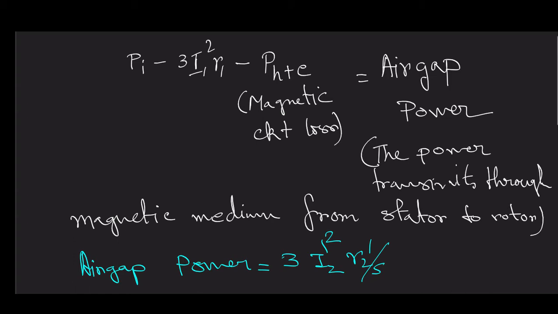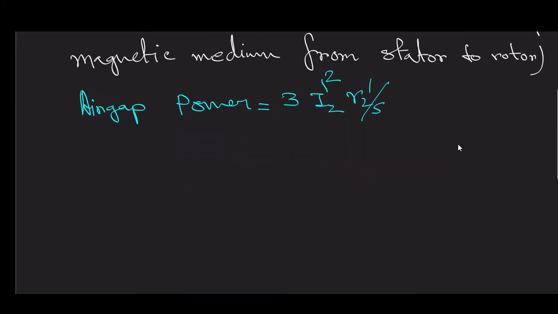That is the case, then what is the power available to your shaft? Power available to your shaft will be, sometimes the air gap power is defined as PG.